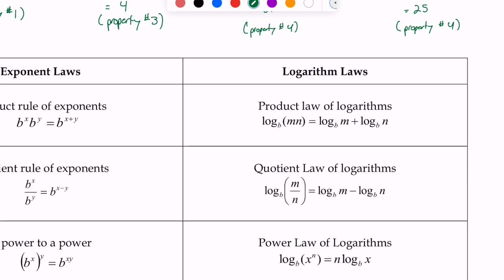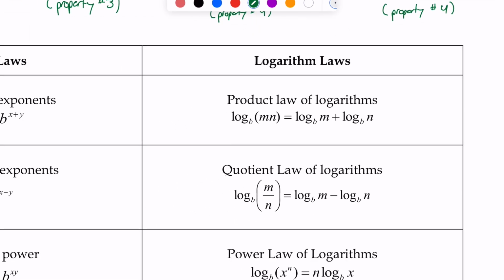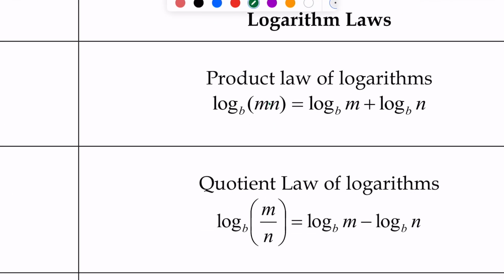So the product law of logarithms says that if I have some 2 numbers, some 2 unknowns, not even numbers, 2 whatever, multiplying, m and n, whatever they are. It could be binomials, it could be singular numbers, it doesn't matter.